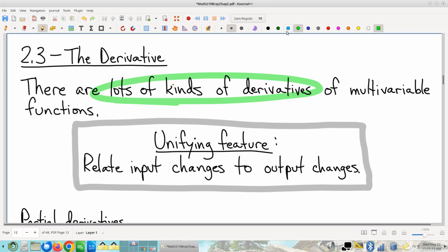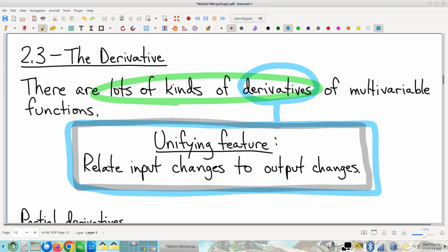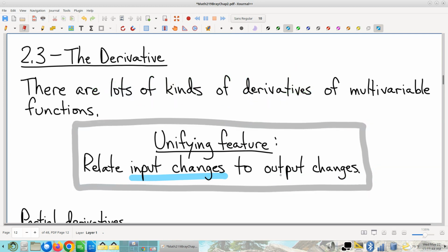The answer is that all of the derivatives we're going to talk about, in their different ways, relate input changes to output changes. This is a nice, pithy, broad-stroke unifying feature of all the different kinds of derivatives. It turns out there are various extremely useful ways to relate input changes to output changes, and thus the various different derivatives.